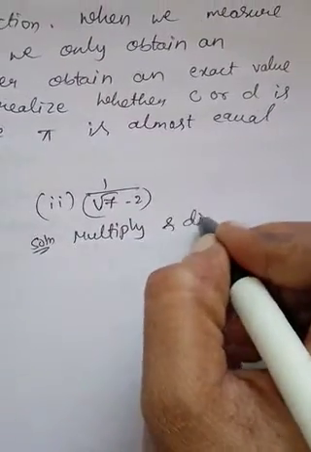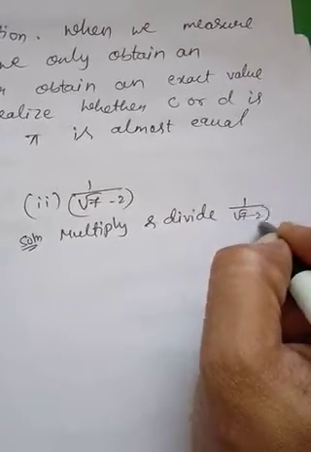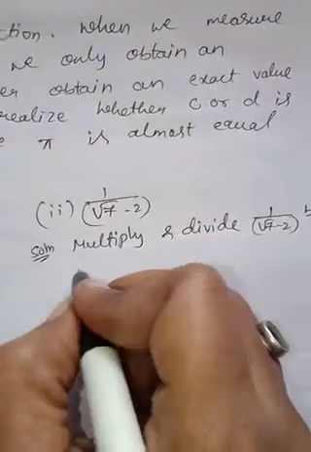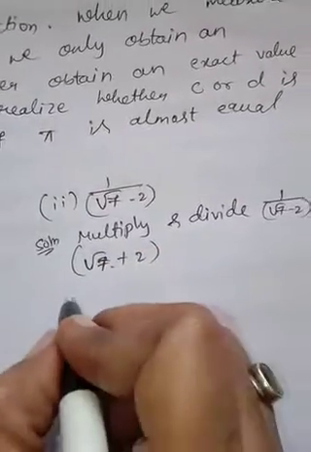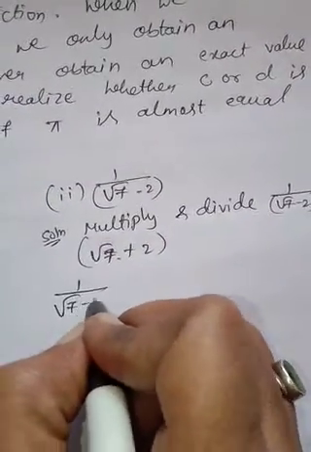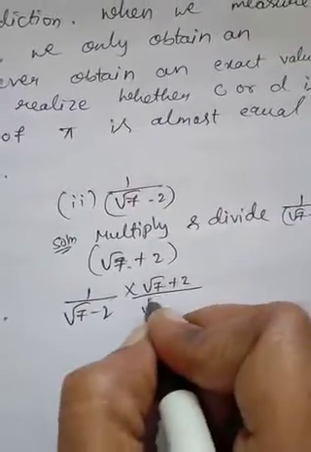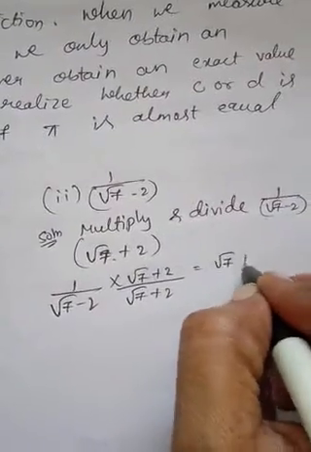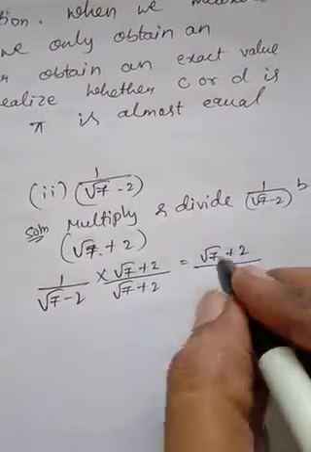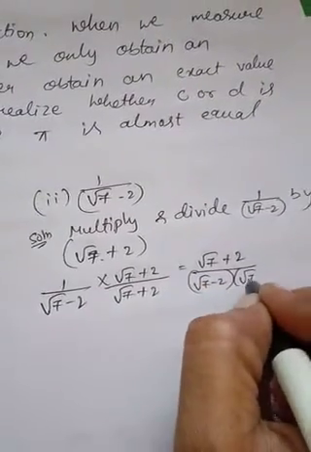Multiply and divide 1 by root 7 minus 2 by root 7 plus 2. Okay, next 1 by root 7 minus 2 into root 7 plus 2 by root 7 plus 2, which is equal to root 7 plus 2 by (root 7 minus 2)(root 7 plus 2).